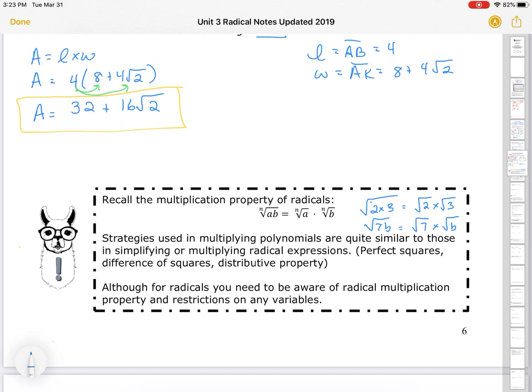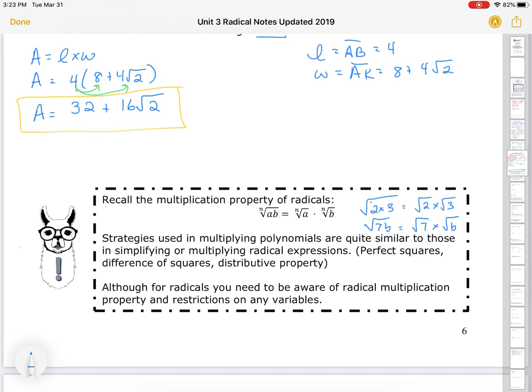Okay? Now, when we're doing our multiplication, we need to remember a lot of the strategies that we use when we multiply polynomials, and we can use those strategies in the same way to simplify and multiply radical expressions as we do with polynomial expressions.